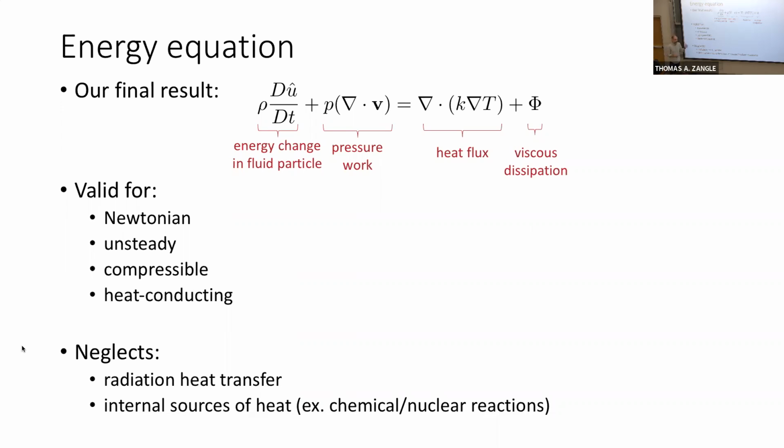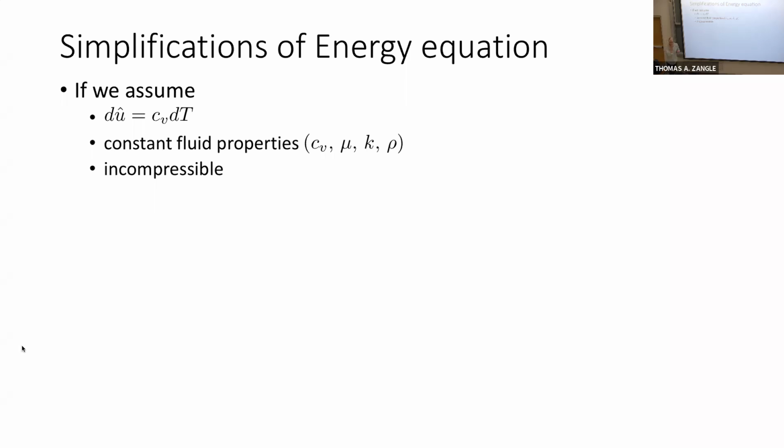So now we're looking at simplifications to this, at the same level as we did for all the other balance laws. We assume that internal energy is related to heat capacity and temperature. We assume constant fluid properties, and we assume that the fluid is incompressible.